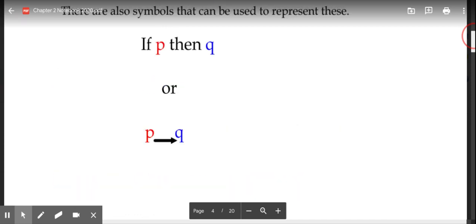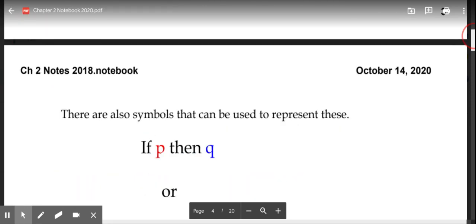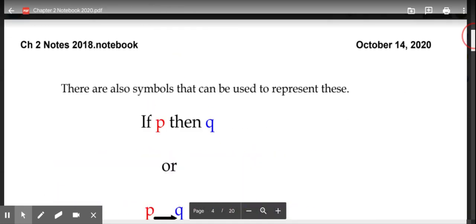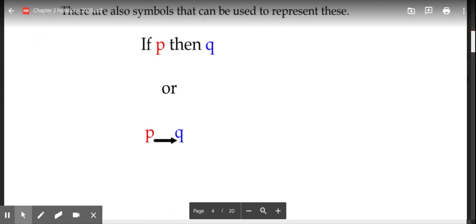So in mathematics, we tend to be lazy sometimes and we prefer to use symbols. Mathematicians, they don't like to write all sentences. So there are symbols that can be used to represent these.